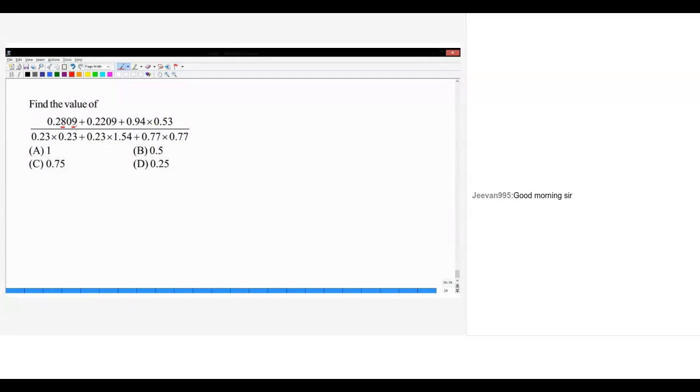3 more than 0.5 is 0.53 square. 3 less than 0.5 is 0.47 square. Two into 0.23 into 0.77, 0.77 square.